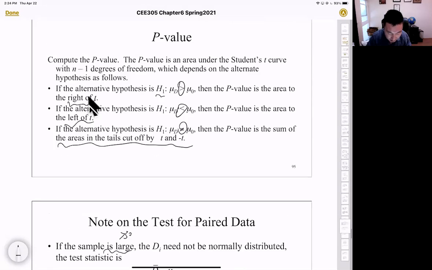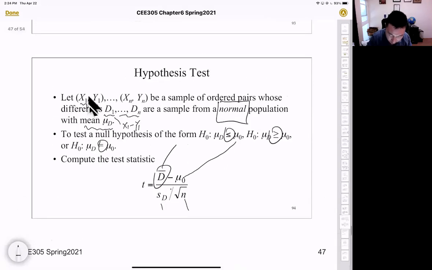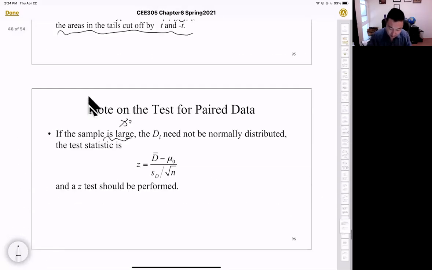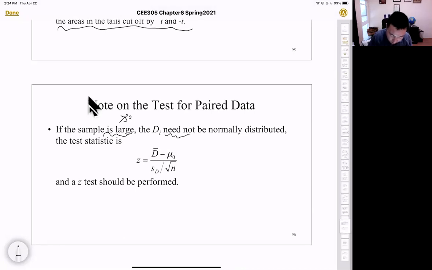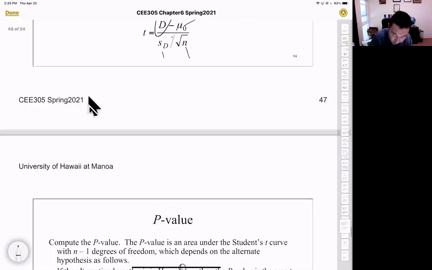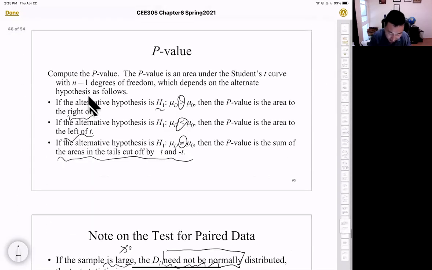But when the sample size is small, it needs to be normal. This is a similar situation as before. If the sample size is large, we calculate the z value instead of the t value.